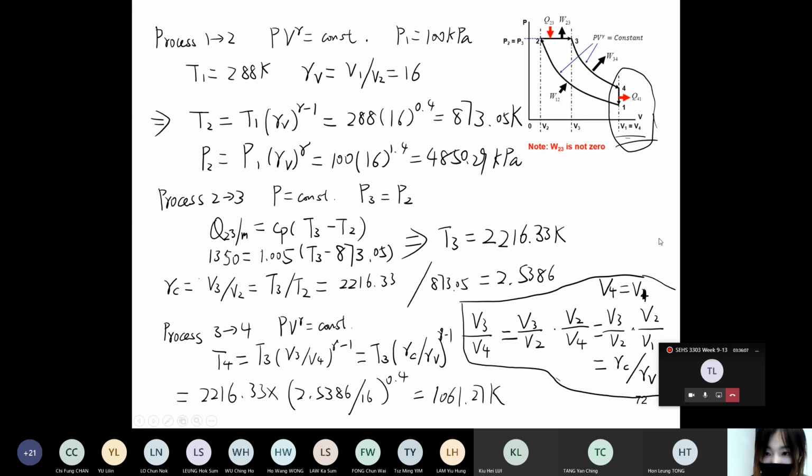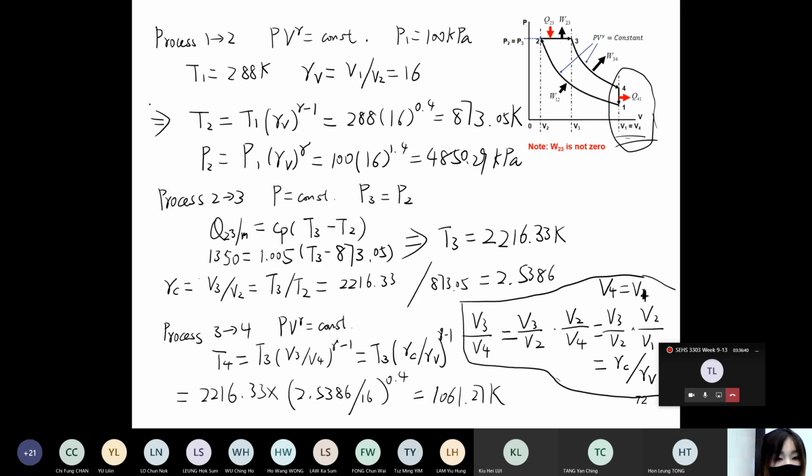Now we know the temperatures at each point. We know T1, T2, T3, T4. As I said, now we can solve everything. We can calculate the thermal efficiency, the mean effective pressure. Now we can calculate everything by using these four temperatures at all these 4 points. Okay.